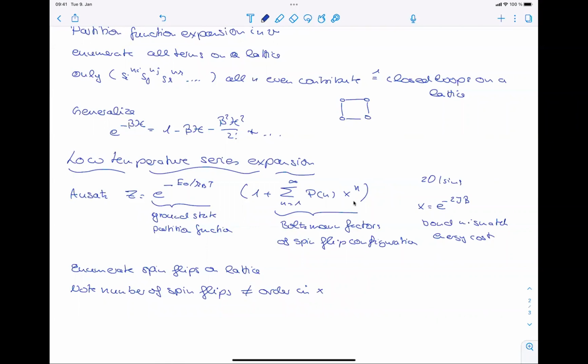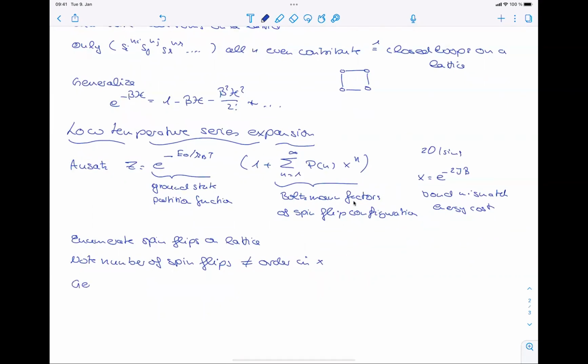So if I flip 2 spins, I can have these 2 spins separated out in my lattice. So each breaks 4 bonds, so I break in total 8 bonds, or I can have them next to each other, then they only break 6 bonds. And so the order in x would be how many bonds I break, and that could be 6 and 8, just for the case of 2 spin flips.